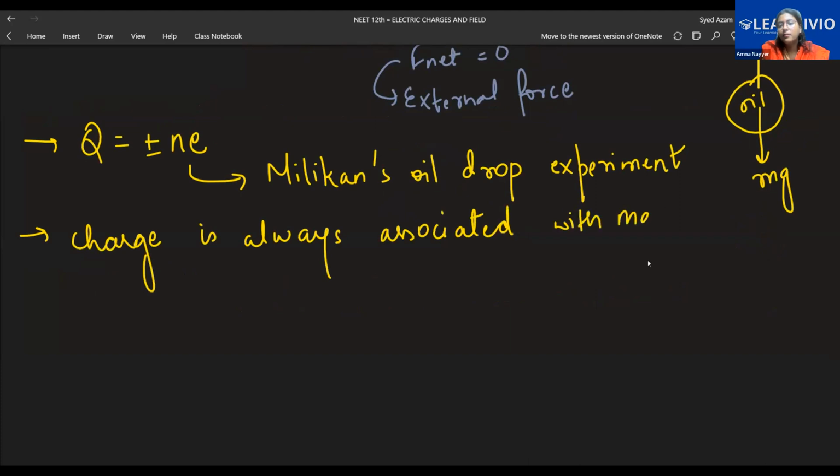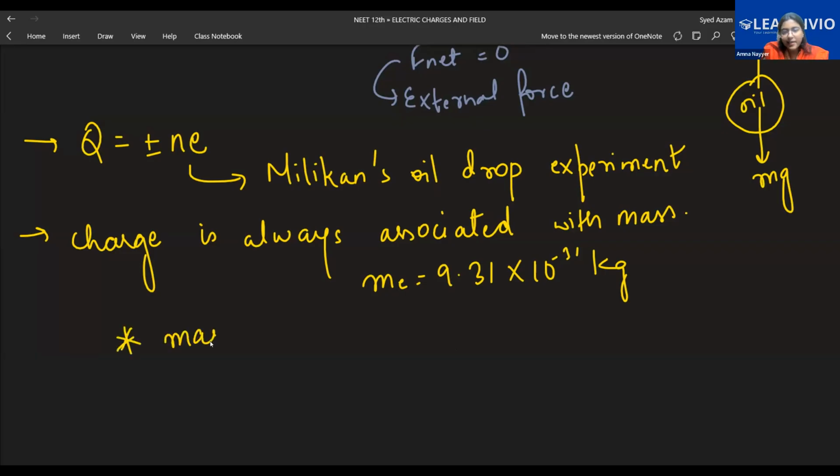Like when we talk about electrons, the mass of an electron is 9.31 into 10 to the power minus 31 kg. Similarly, you have the mass of protons and all. What is a massless quantity that exists is a photon, because its rest mass is zero.